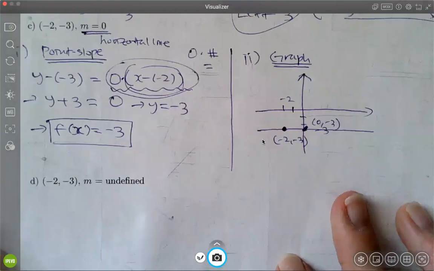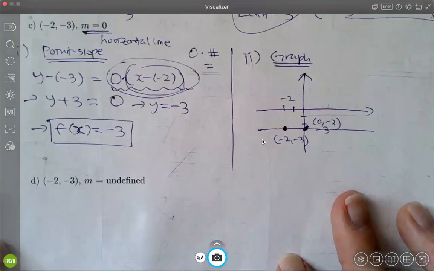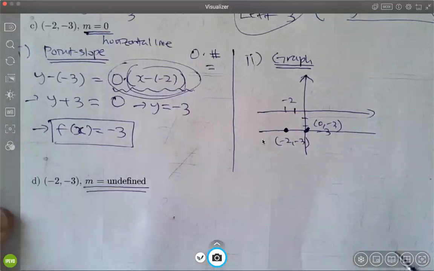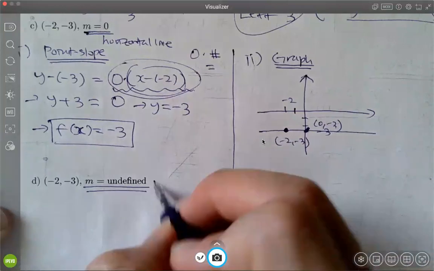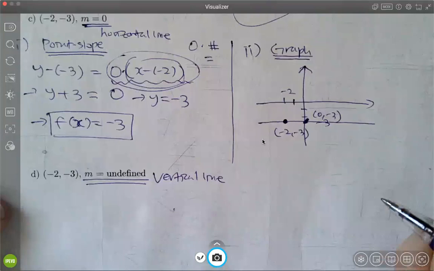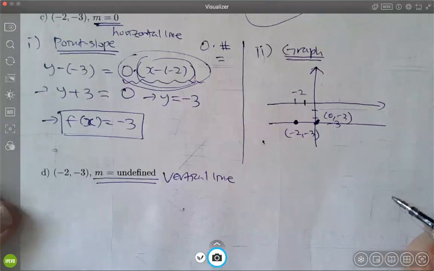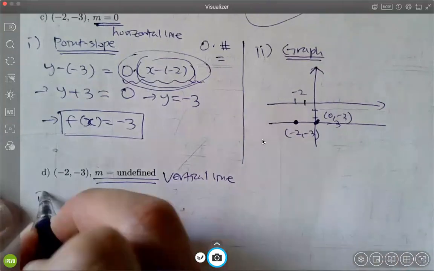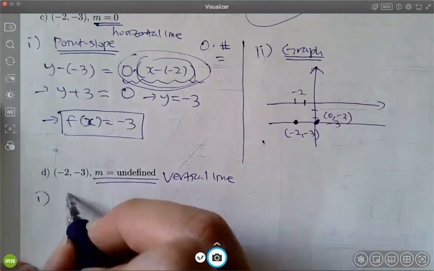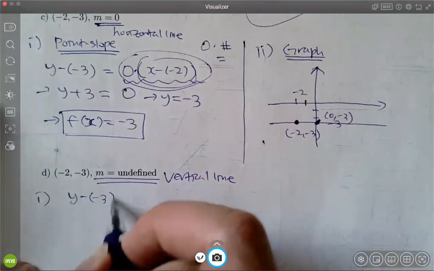And now part D, so still same point, but the slope is undefined. How does the graph look like? Vertical line. Vertical line, right? Yes. Okay. So now let's try to express the equation of this line. y minus -3 is equal to, oh, the slope is undefined.